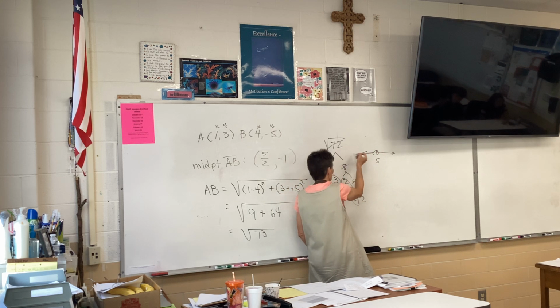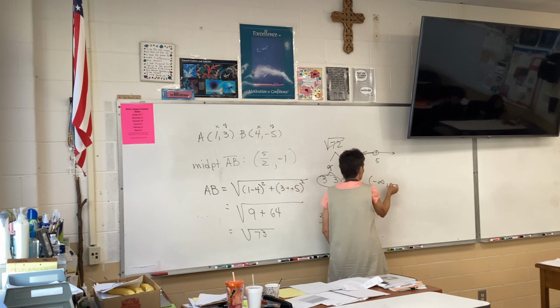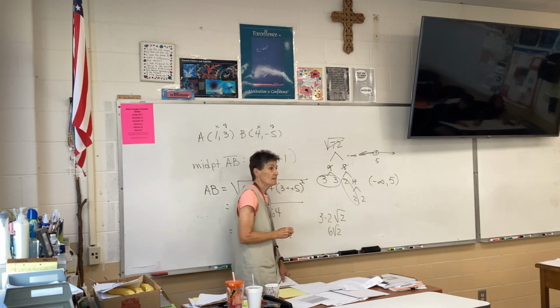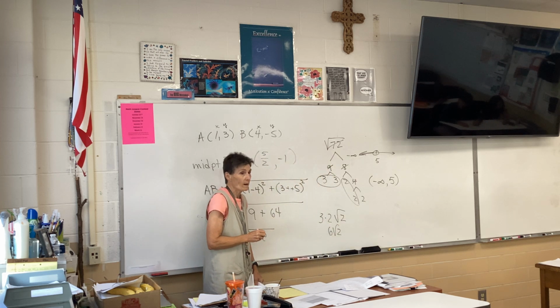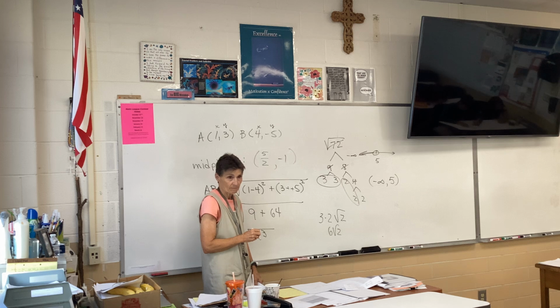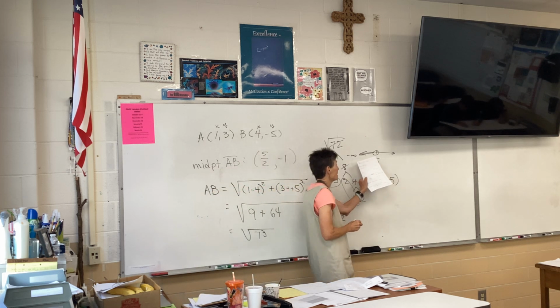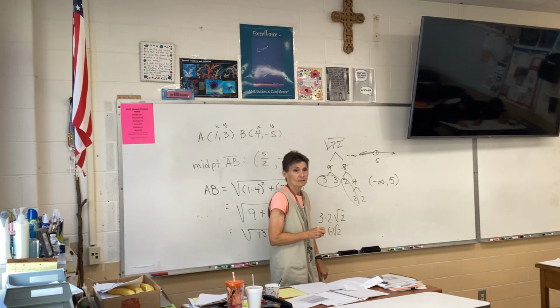What's this over here? Negative infinity. So negative infinity to 5. Remember, the infinities always have parentheses. The 5 has a parentheses because that's an open dot.